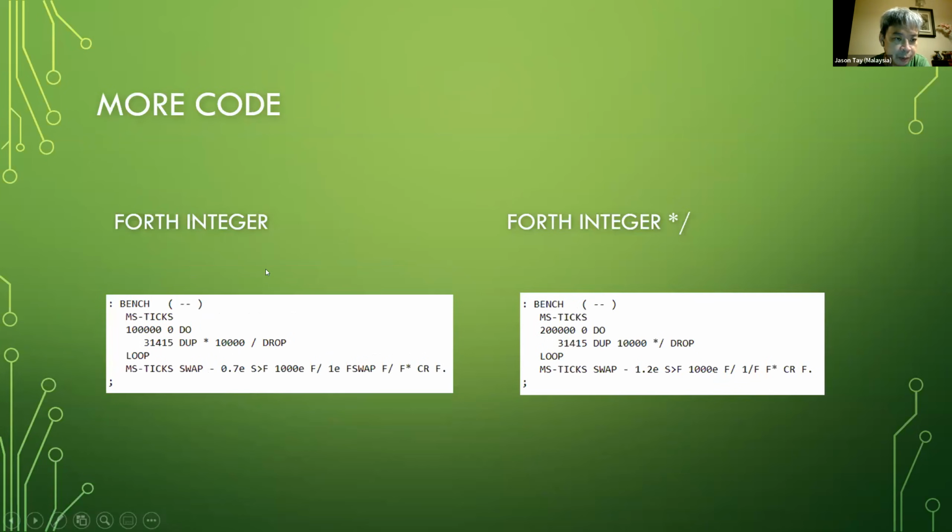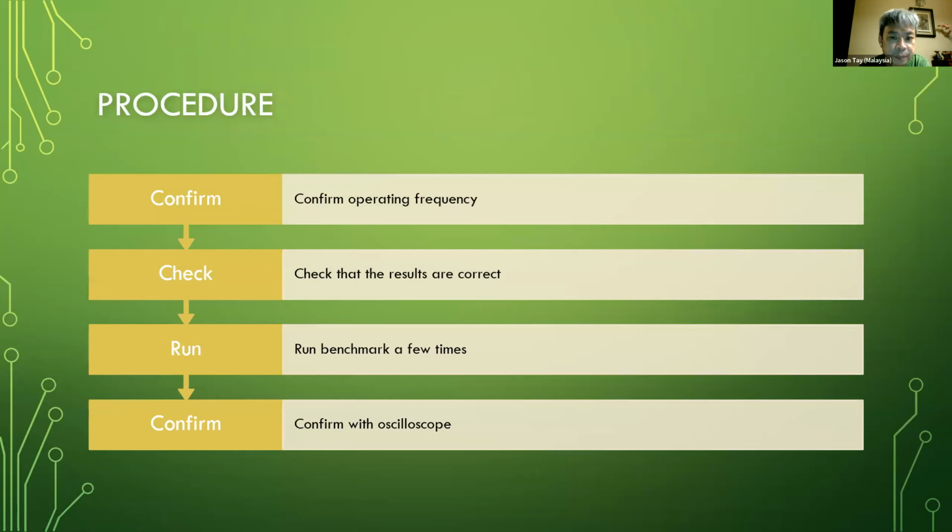Initially I was using the code on the left, where I was doing fixed point math and doing the scaling separately later on. And as we discover in the results, Forth has a built-in multiplication with scaling word, the star divide word, that in fact you should use, and we'll see how that affects everything.